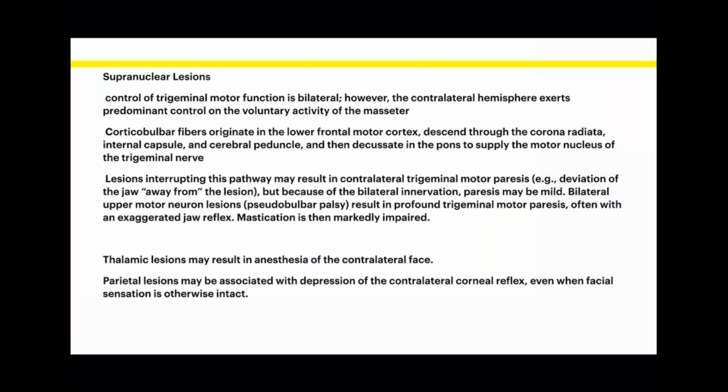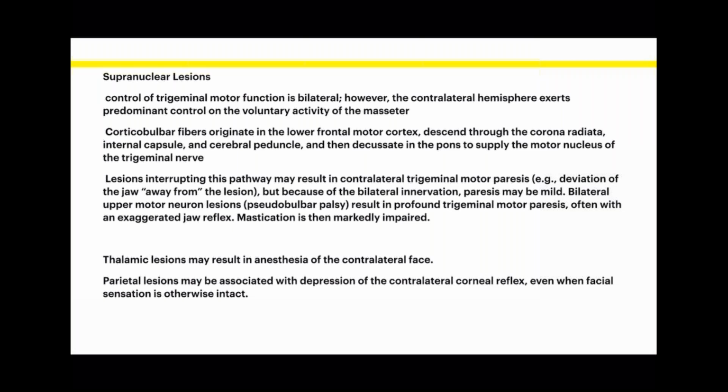Just remember here, the deviation of the jaw will be away from the lesion, and this is why: the control is contralateral, the left side controlling the right and the opposite. So a lesion on the left side controls the right side of the nucleus, which gives innervation to the right side. So the lesion in the brain will be the opposite.